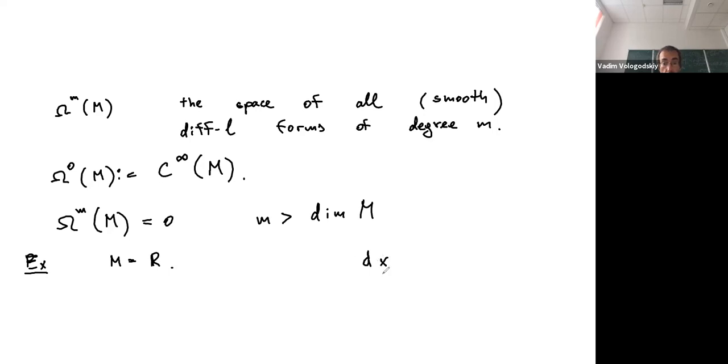For every point p, dx forms a basis in the cotangent space. It's one-dimensional, and therefore any form can be written as f of x times dx, where f is a smooth function.